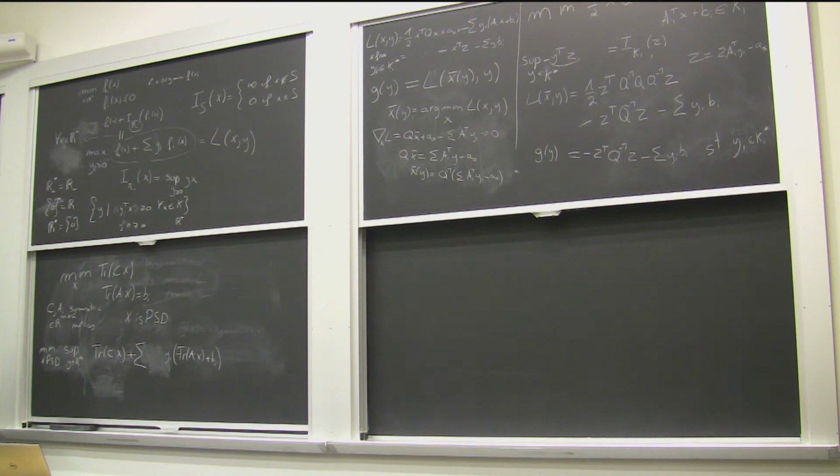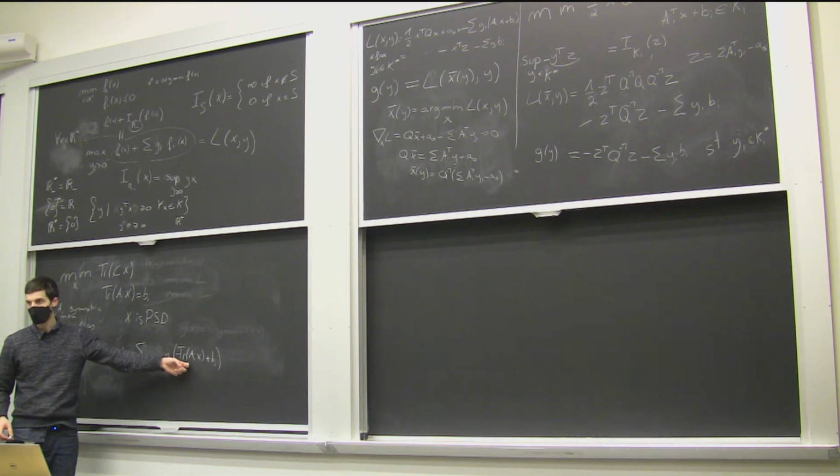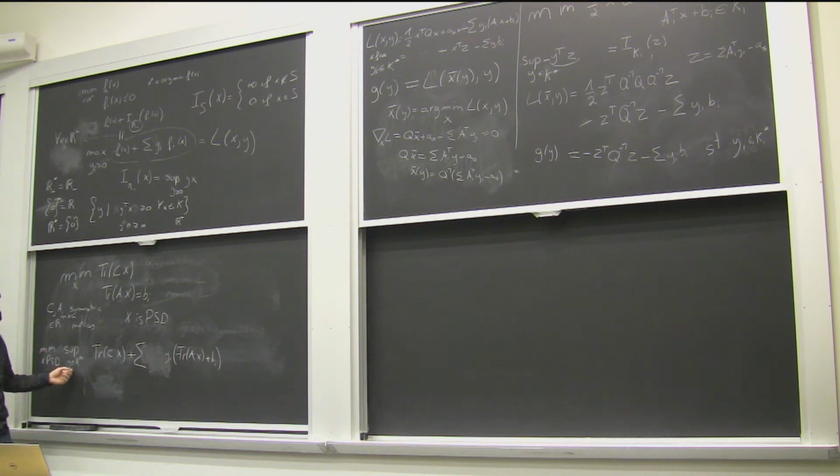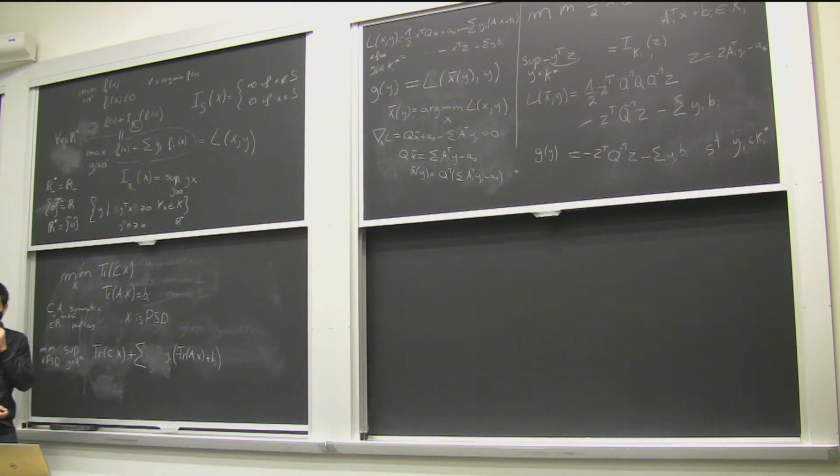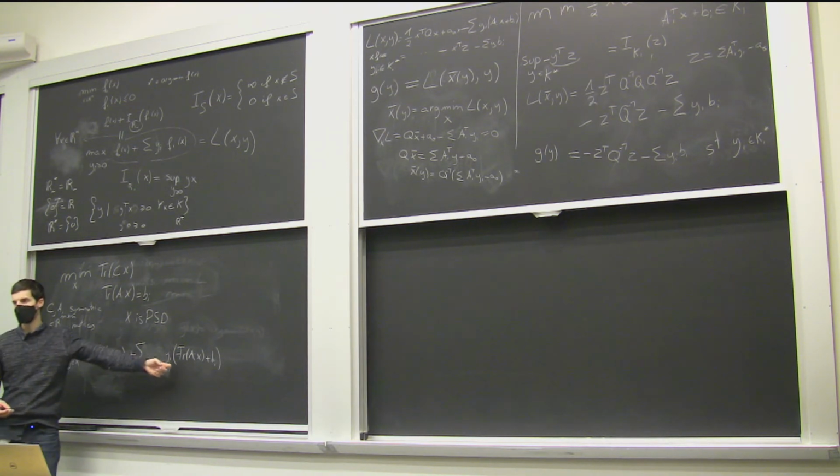But that's not allowed. We need equality. Am I misunderstanding how the supremum works? Here, if you are the first player and you choose an x such that this is non-zero, and this is positive, then the second player will take yi to be plus infinity, and this expression will be plus infinity.